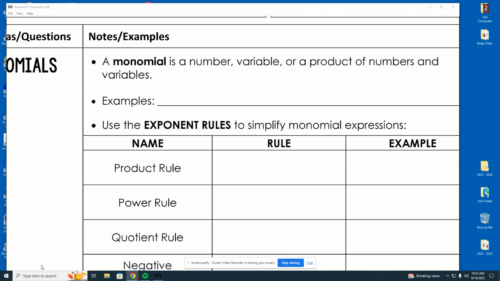It could just be a number, like 8. It could also be just a variable, like x squared. But it also could be a combination of the two, 8x squared.